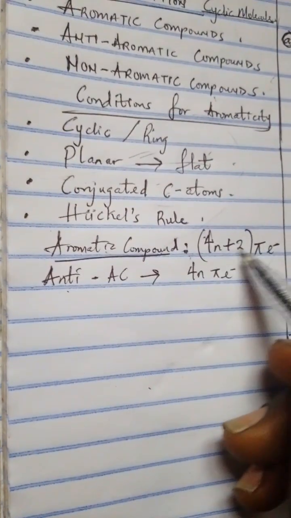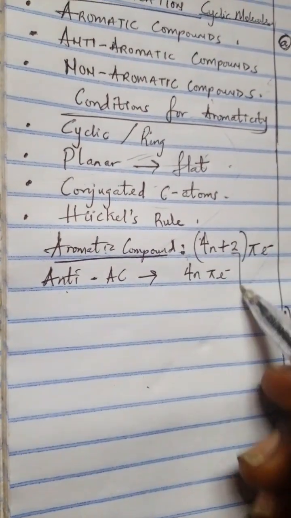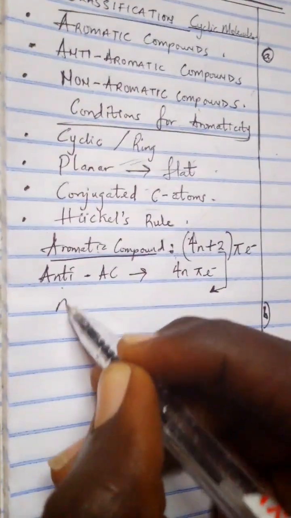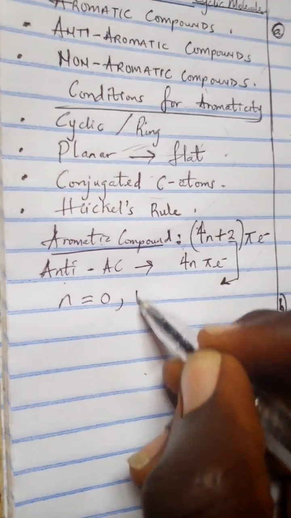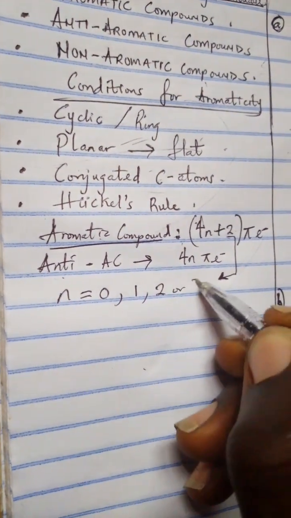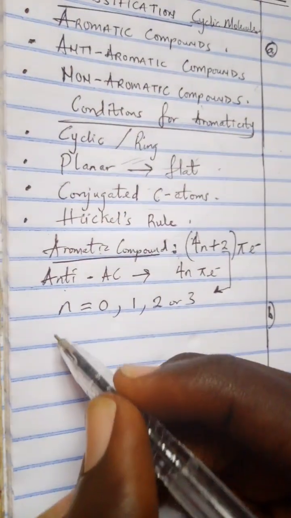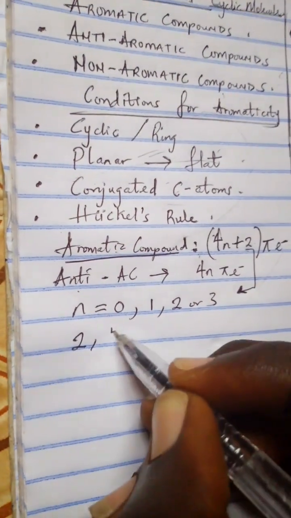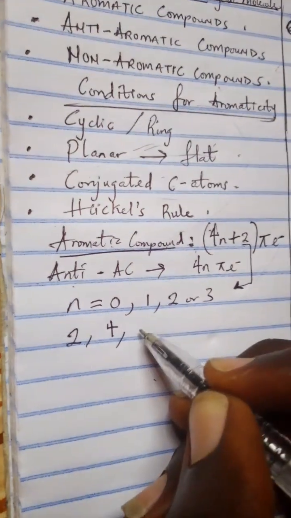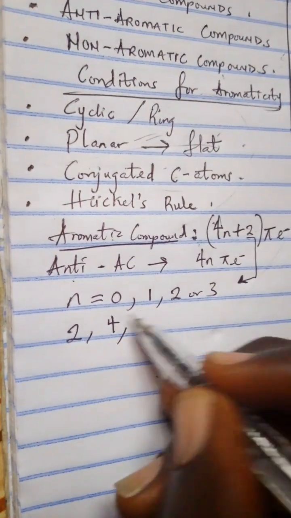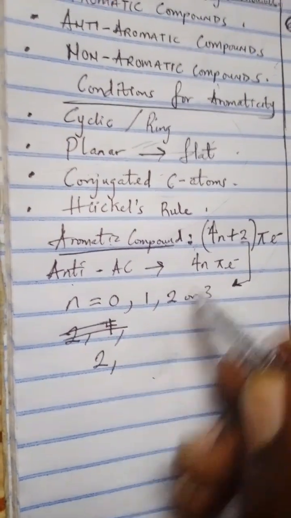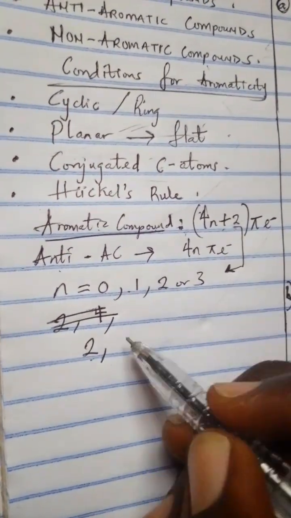Now that's everything we should know. Let's do some mathematics. For the rule for aromatic compounds, if we substitute n equals 0 or 1 or 2 or 3 and so on, we'll be having 2, because if we substitute 1 there, we'll be having 6.